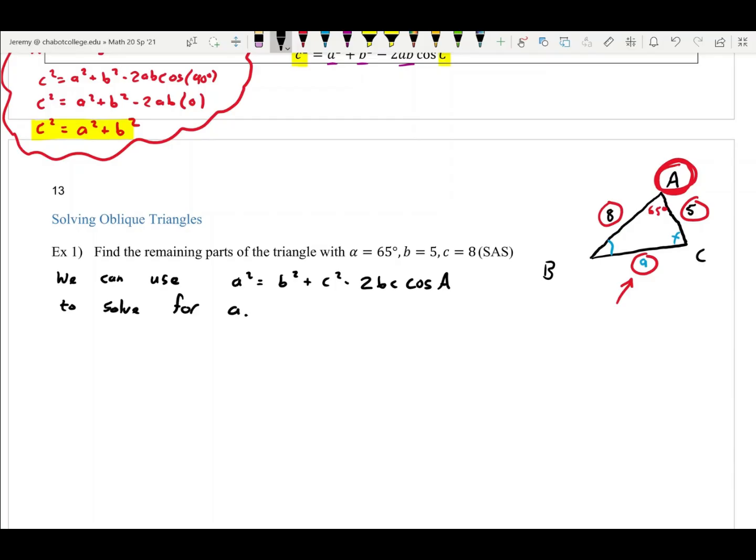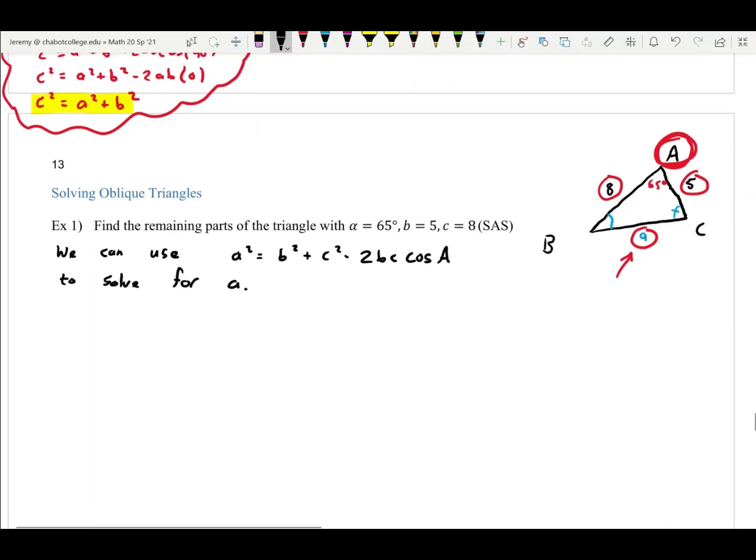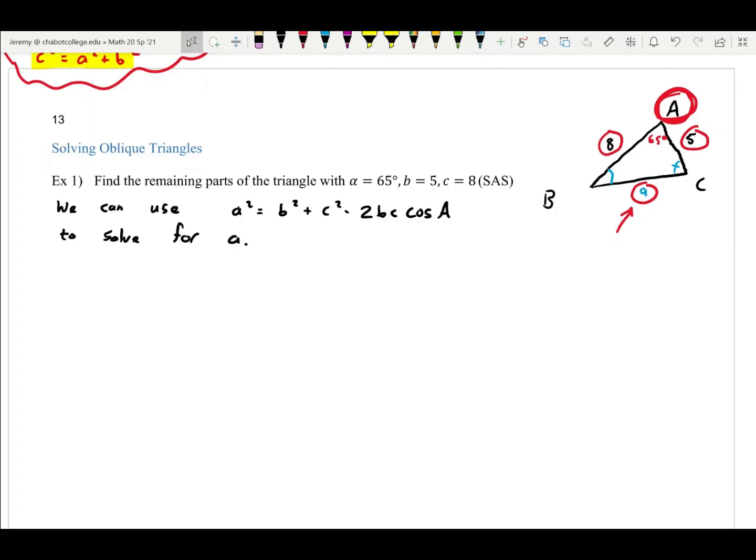All right, and the goal is just to use the formula that's going to leave us with just one variable, which we can solve for, and that's what's going to happen here. So, all right, let's do it. I'll leave a as a variable, but I can plug in for b I have 5, for c I have 8. And then cosine of 65 degrees.